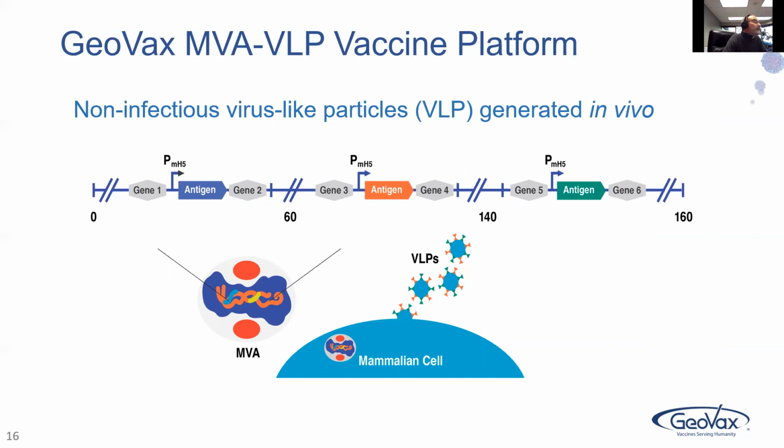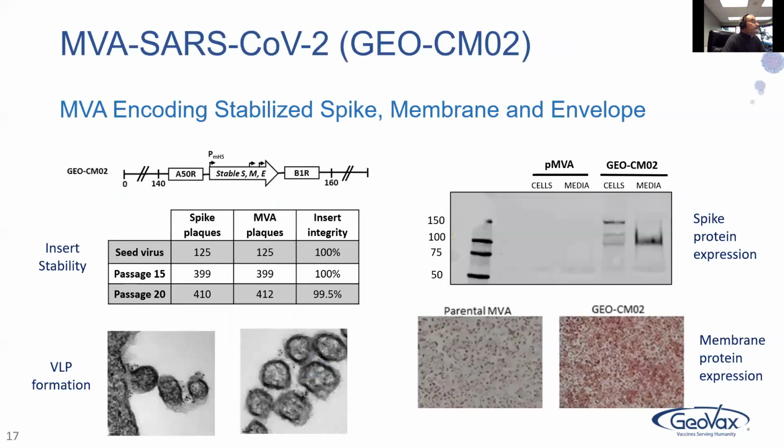So the MVA encoding these gene products will infect the cell within the host, and you'll actually get virus-like particles being produced, which are highly immunogenic and look authentically like the SARS-CoV-2 virus.